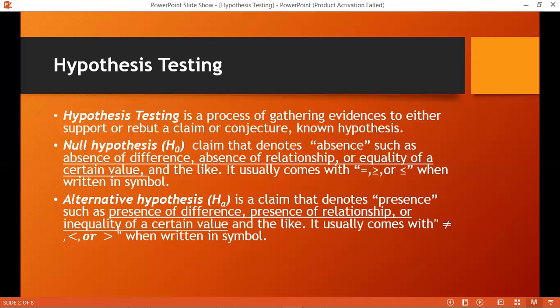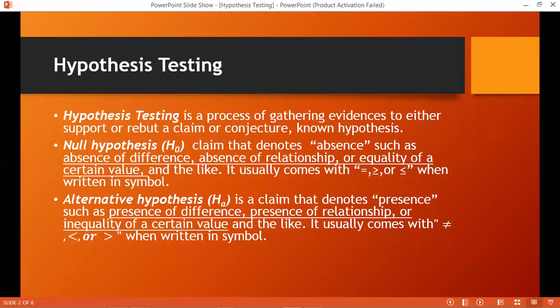So, kung kanina, yung null hypothesis is absence of something, ang alternative naman is merong presence of something. So, example, yung claim natin sa null hypothesis, sabi natin, there is no difference between my grade and the class average grade in mathematics.